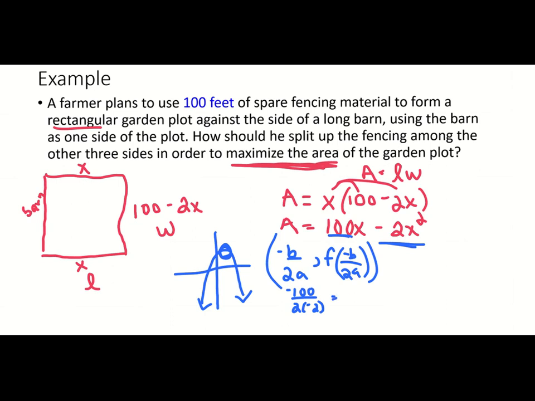So I get negative 100 over negative 4. And when I simplify that, there are 2 negatives, so they're going to be positive. 100 divided by 4 will give me 25.